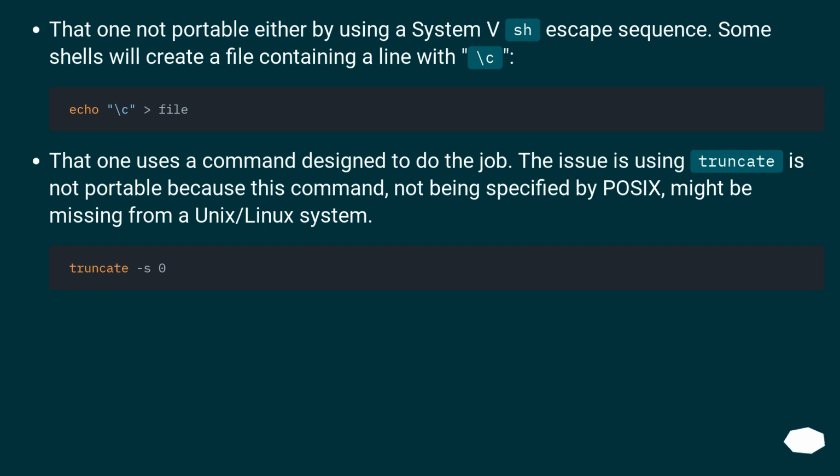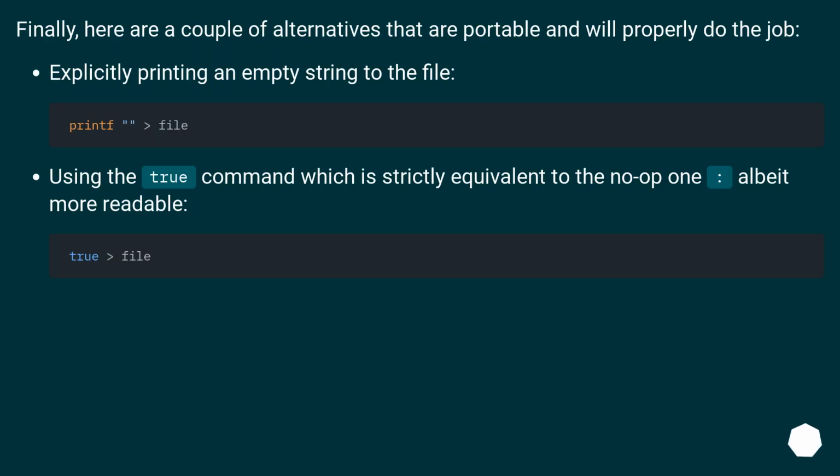That one uses a command designed to do the job. The issue is using truncate is not portable because this command, not being specified by POSIX, might be missing from a Unix/Linux system. Finally, here are a couple of alternatives that are portable and will properly do the job.